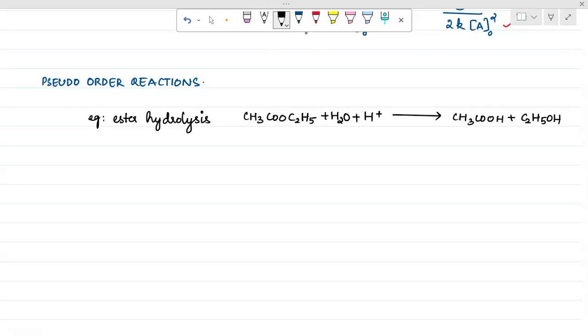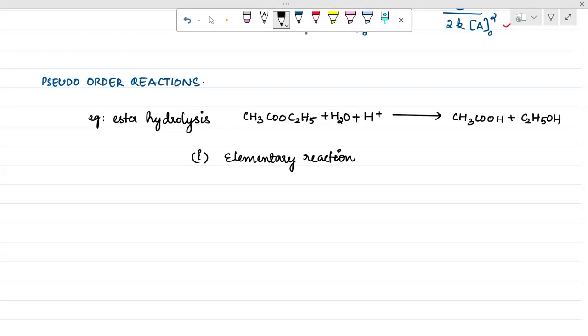Now the rate of this reaction can be written in many forms. So consider some situations. Case 1 is where this is an elementary reaction. What do you mean by an elementary reaction? If it is given that a reaction is elementary, you can easily write the experimental rate.